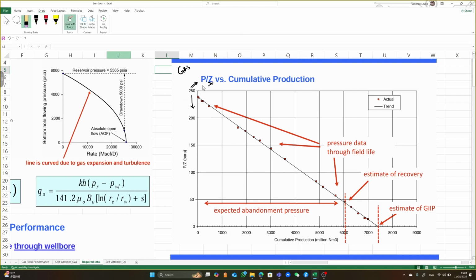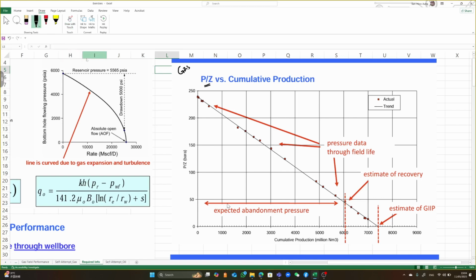Okay, so just like that, what we're going to have is a relation of pressure drop against the cumulative production profile. But it is important to remember that this is not a simple pressure drop. It is pressure divided by the gas compressibility factor.